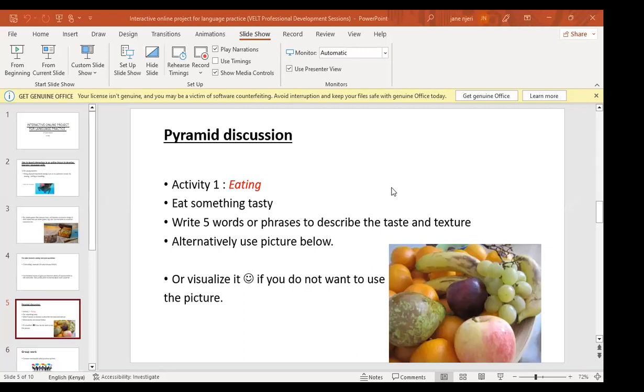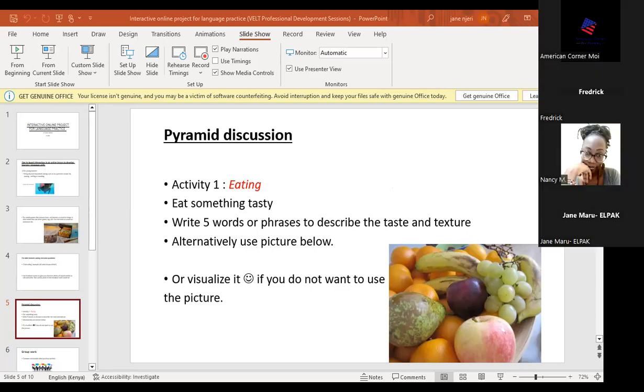So I will kindly request Rukia to put the participants into groups. Let me see how many we are. I was trying to check, but I see we don't have an option for breakout rooms in this particular license. Okay, thank you.